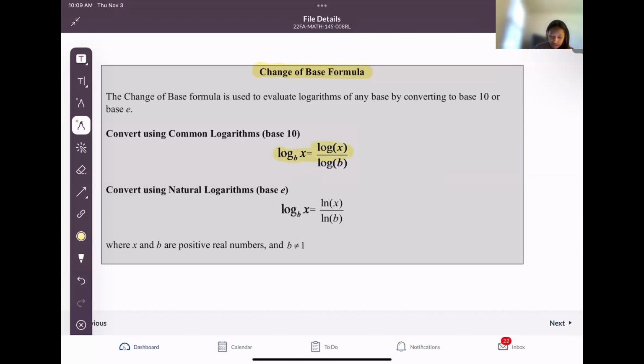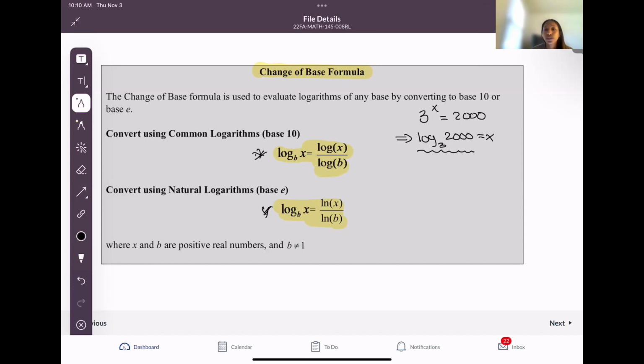Okay, the rule for converting is given here. Log base b of x equals log of x over log of b, or log base b of x equals ln of x over ln of b. So an example of that, let me go to my original problem. I had 3 to the x equals 2,000. If we convert this to logarithmic form, that would be log base 3 of 2,000 equals x. Now for the log base 3 of 2,000, we can use the change of base formula, either one of these, to rewrite this in terms of the common log or the natural log.